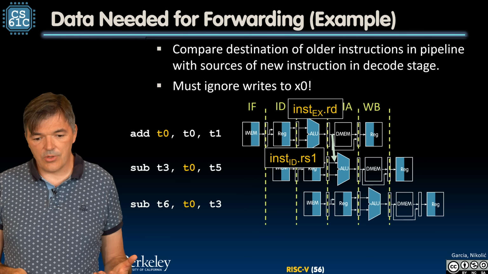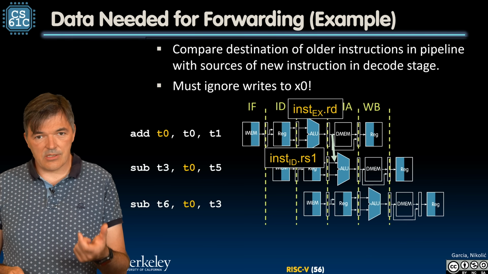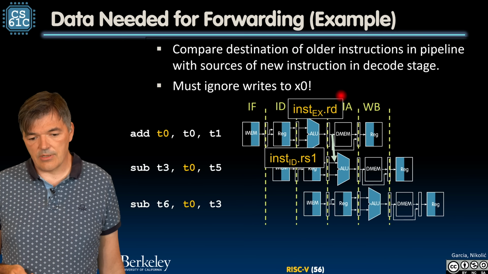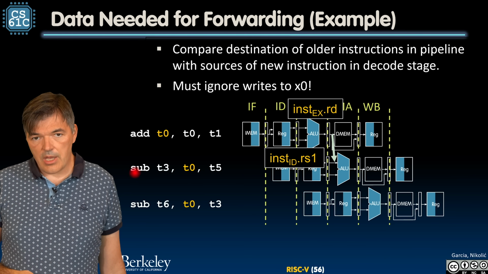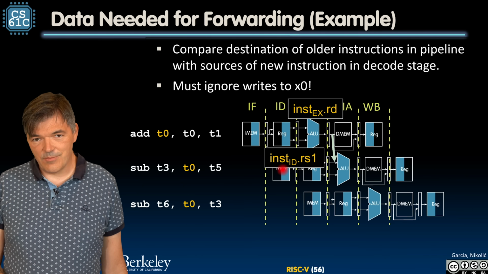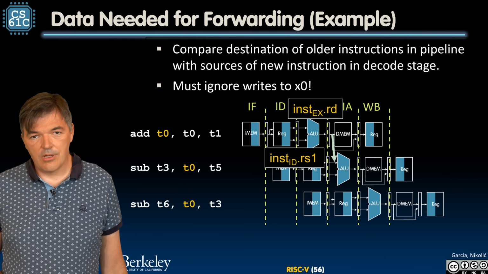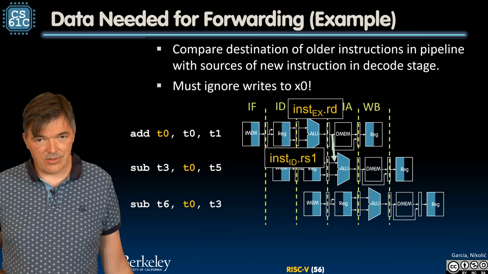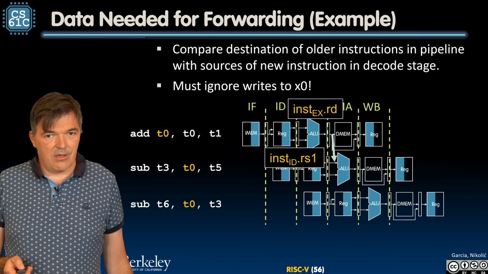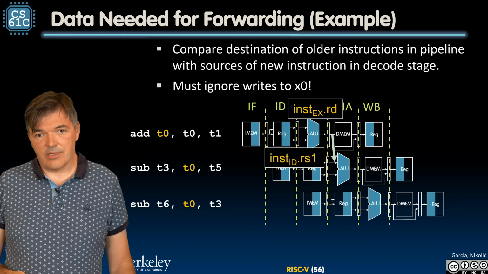So what we need to do here is take a look at the destination of the instruction that is in the execute stage, and compare it with the register of the instruction that is in the instruction decode stage. If they're the same and not x0, then we have a data hazard, and we should forward. So we just compare those two, and that is going to select our multiplexer.